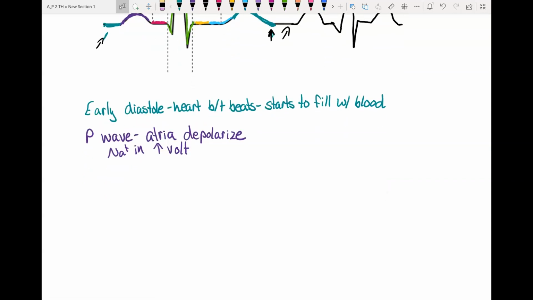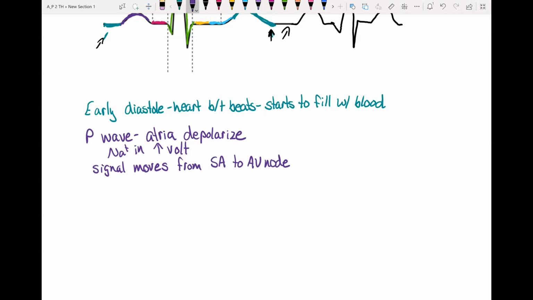And this occurs as the signal moves from the SA node to the AV node. Remember, as the signal's moving from the SA to the AV, it spreads through the gap junctions and depolarizes all of the atrial myocardial cells.